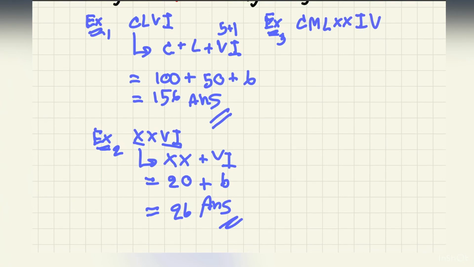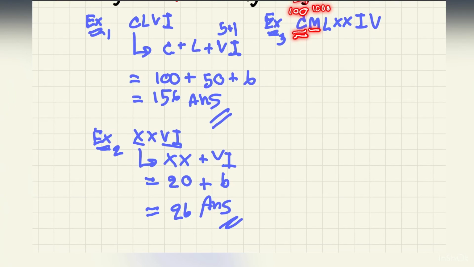CMLXXIV. So now we need to determine which letter is in which place value. So first of all, we know that C is equal to 100. M is equal to 1000. How can C be in front of M?